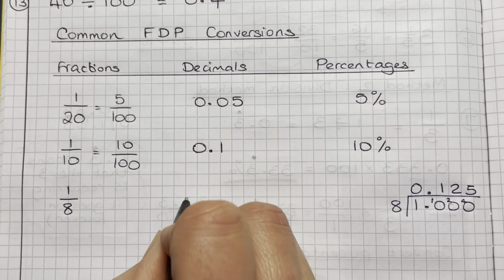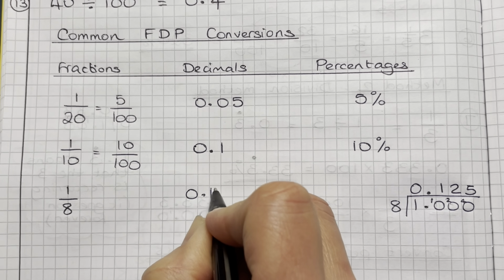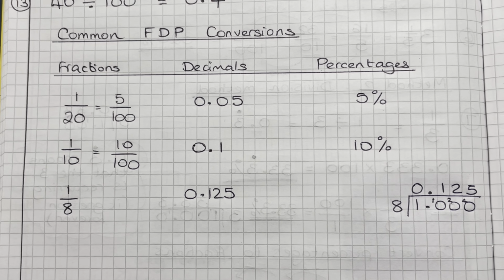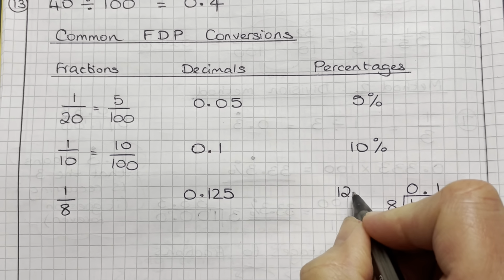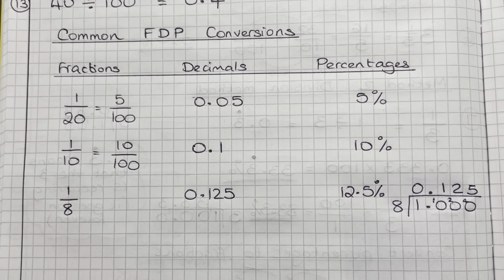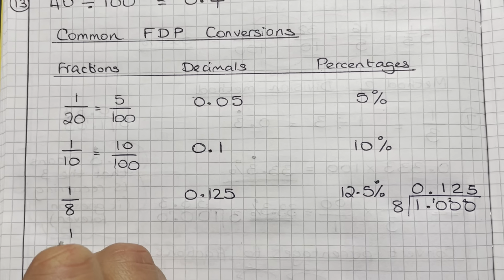That gives me 0.125. Much easier if you just commit that one to memory, and as a percentage it's going to give me 12.5%.